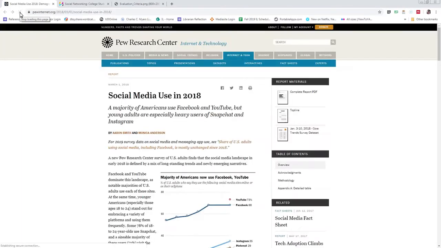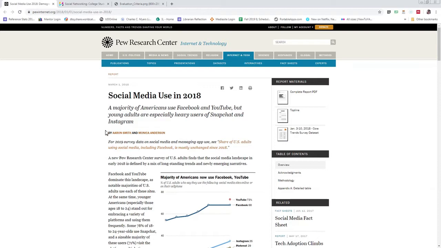So our first website, I'm searching for information about social media use and college students. And this is one of the websites on Google that is on my first page of results. So first things first, I'm going to look at dates, because that's always the easiest thing to find first. So this one says the report's from March of 2018, which, that's been a year and a half or so by now.